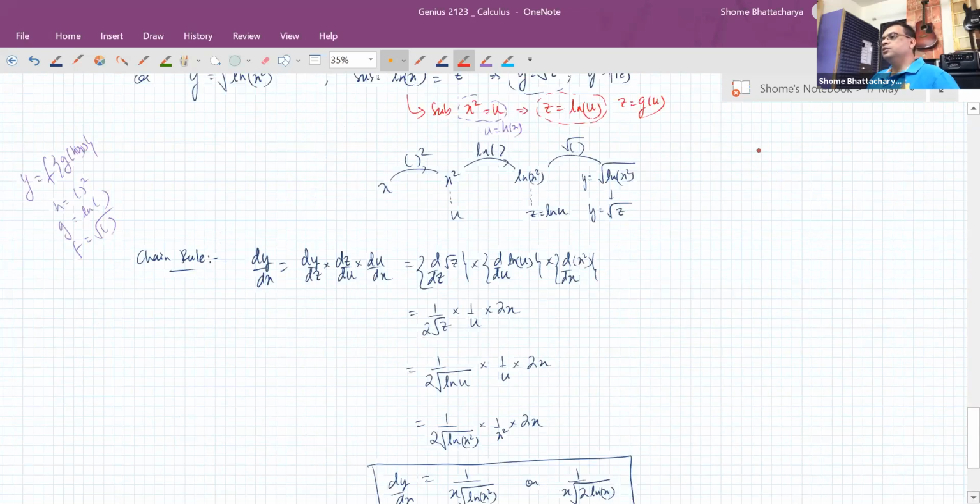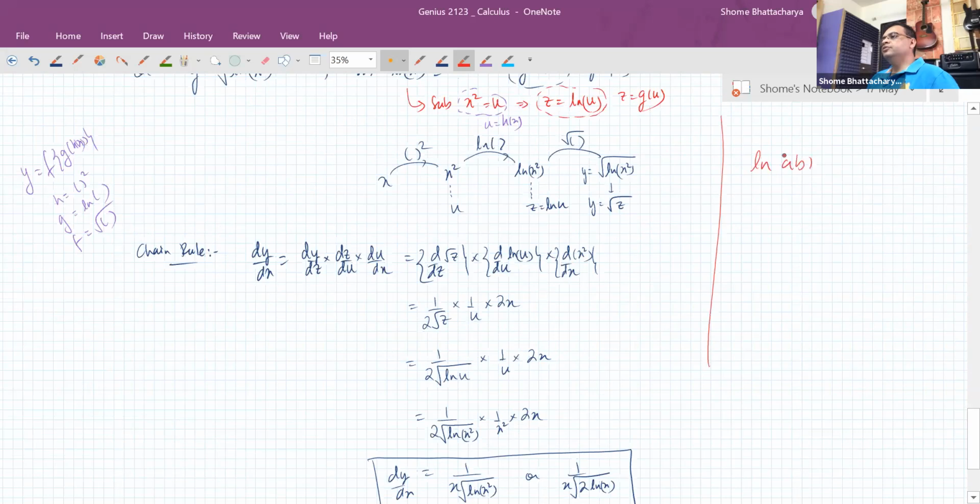For log, you should remember these properties: ln ab, for example, is ln a plus ln b. ln a by b is ln a minus ln b, and natural log of a to the power n is n times natural log of a. You can use ln and log to any base alternatively. It will work for log of any base also.